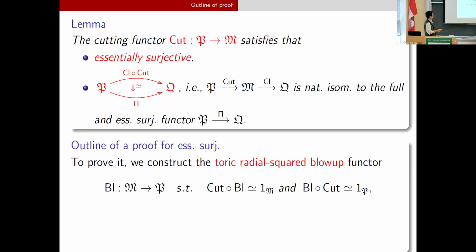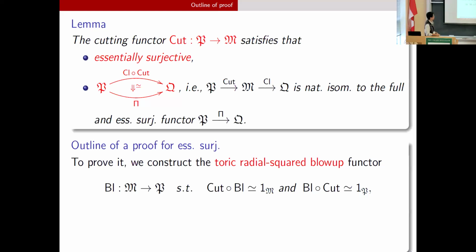So this is another technical part. To prove it, we also introduce a functor which is an inverse of this cutting functor. It is a functor from M to P, that is, from the locally standard T manifold to the principal T bundle.